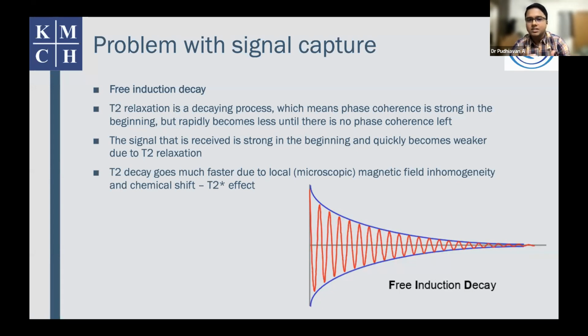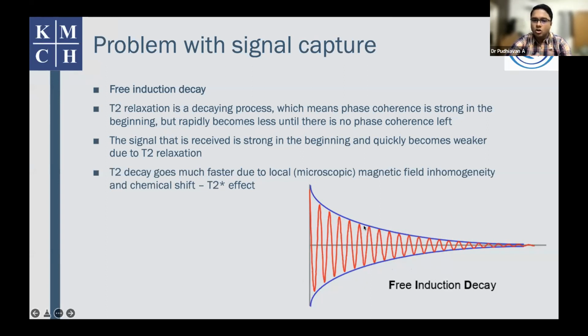So it doesn't give us enough time to sample the signal. Suppose this is the point at which the RF pulse is stopped. Immediately the dephasing of the protons starts, and the amplitude of the signal also drops exponentially. So it gives us very little time to sample this signal. And at the point at which we start sampling the signal, somewhere around here, the amplitude of the signal is already much lower.